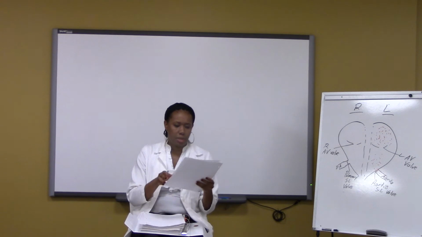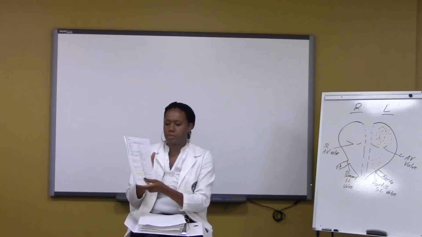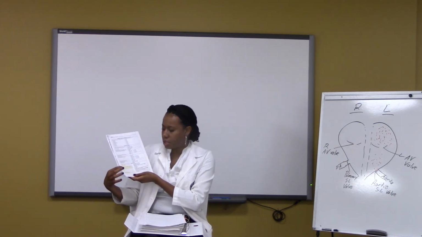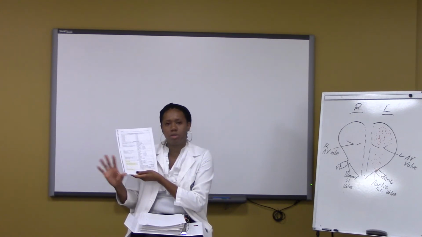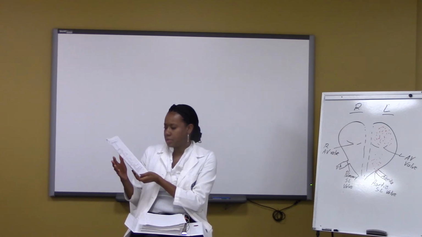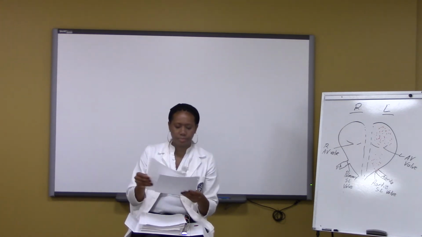The second page, we don't have anything. The third page, you are responsible for knowing the lipid panel. And again, I am only holding responsible for the desirable amounts. I'm not holding responsible for the borderline and panic or whatever, high risk. But make sure you know the desirable amounts.